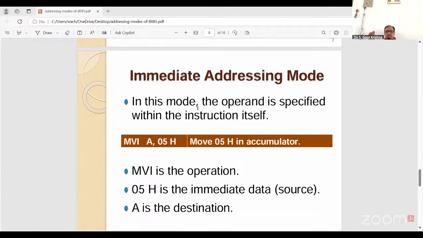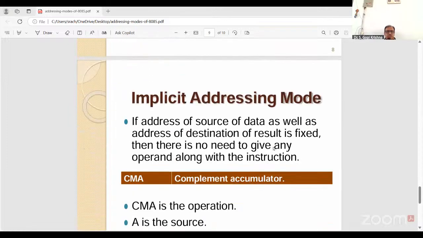In this mode, the operand is specified within the instruction itself. MVI is the operation, 05 is the immediate data, and A is the destination. So immediately the data will be transferred to the accumulator from the instruction itself. These types of instructions are the immediate addressing mode.